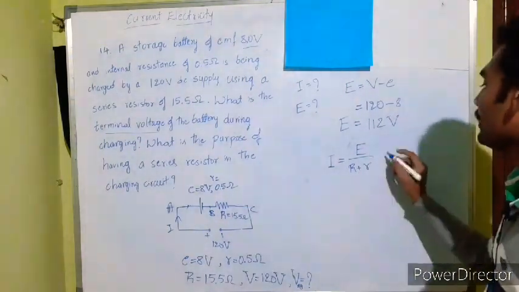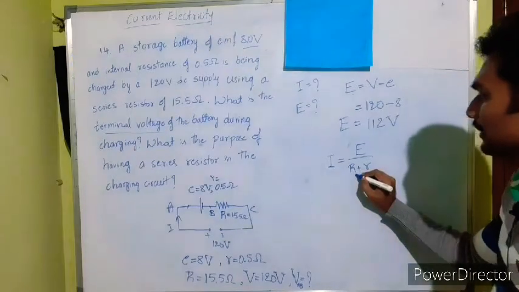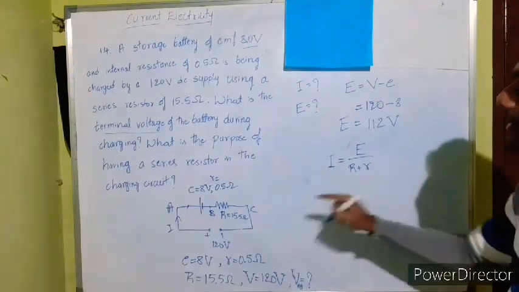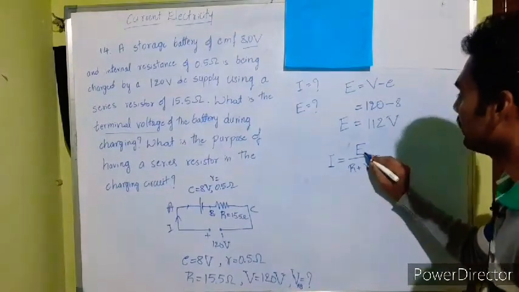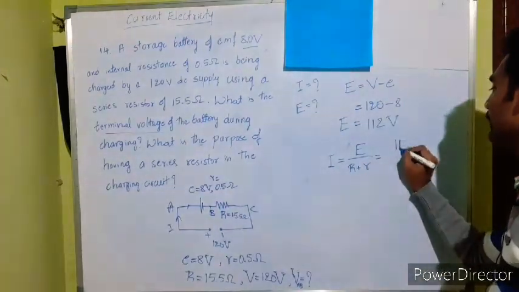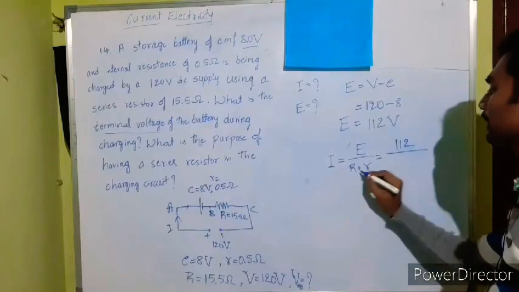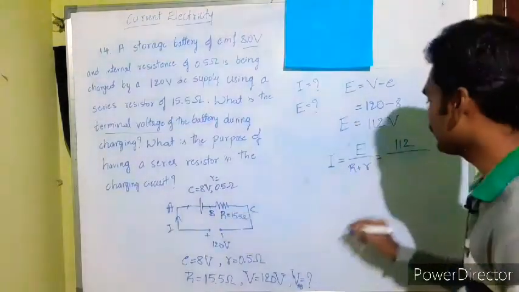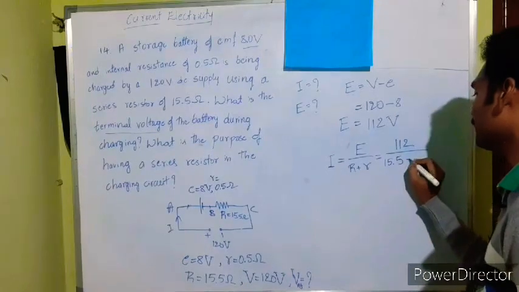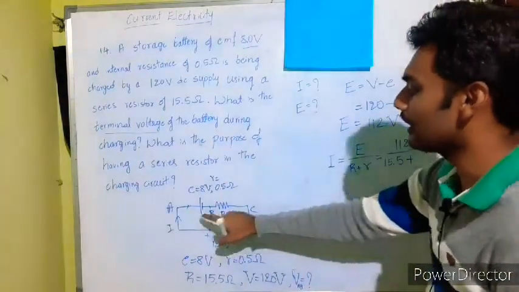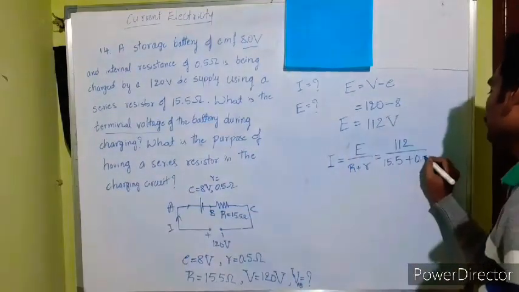E is the effective EMF and R is the external resistance, small r is the internal resistance of the cell or the battery. So E is 112 divided by capital R, the external resistance connected is 15.5, plus the internal resistance of the battery is 0.5.